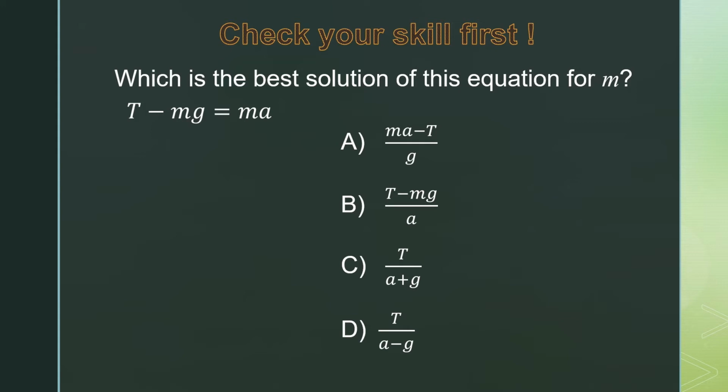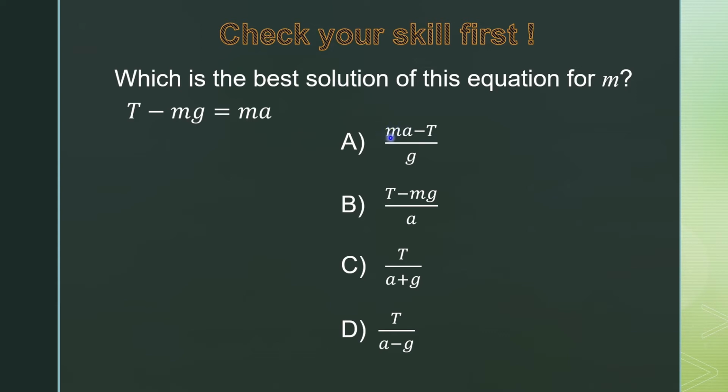The correct answer is C. If your answer was either A or B, then it means that you forgot that the solution for M should not have M in it.